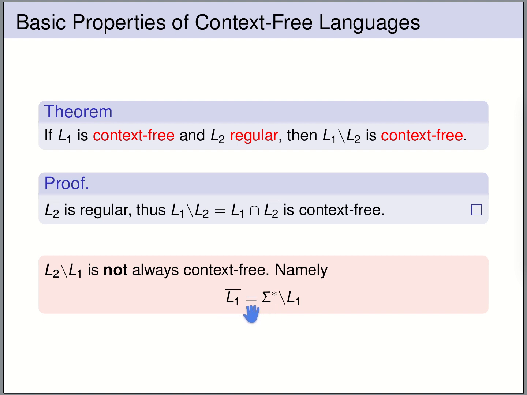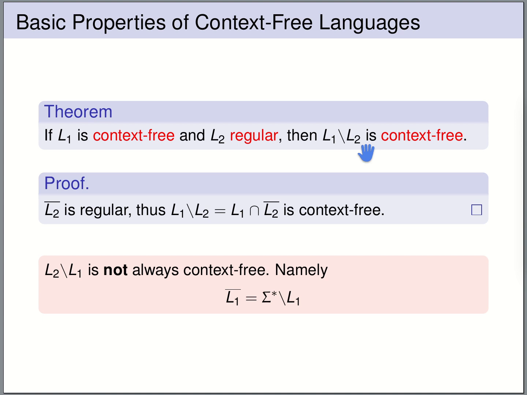But the complement can be expressed by sigma star minus L1. Sigma star is a regular language, so if L1 is a context-free language, then this is not always context-free. So a regular language minus a context-free language is not always context-free. But the other way around, it is. A context-free language minus a regular language is always context-free.